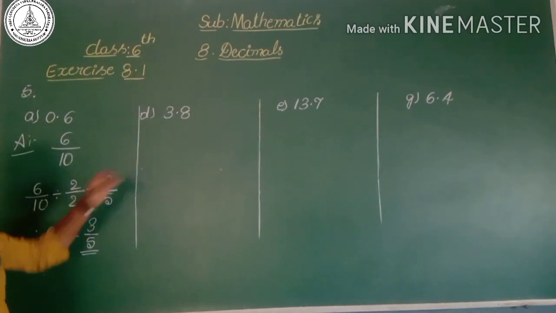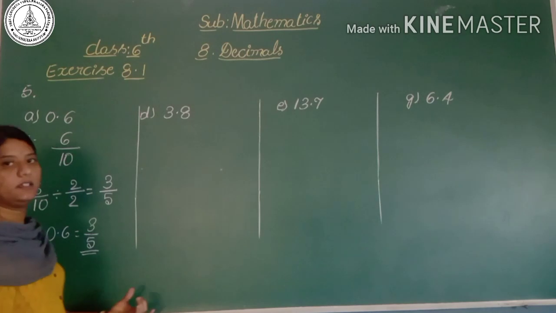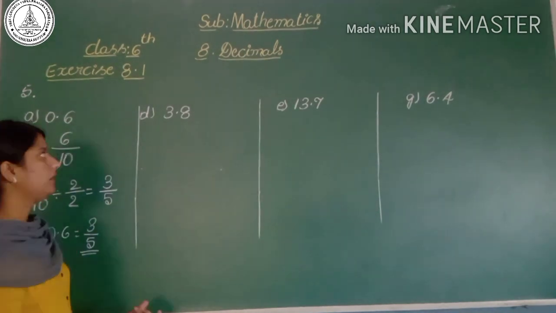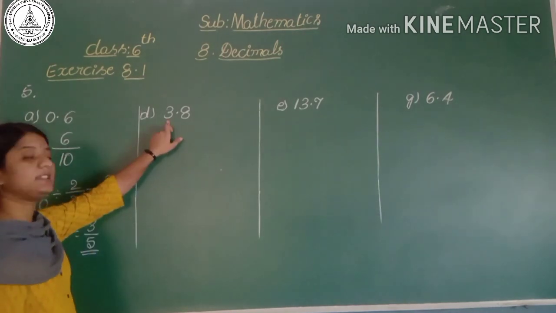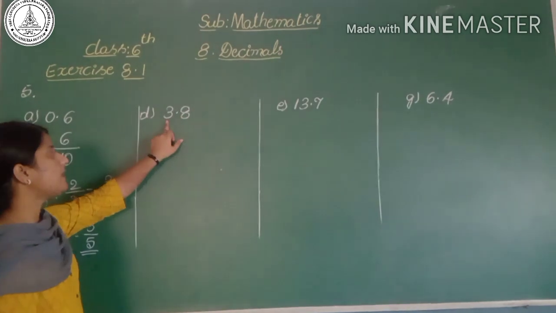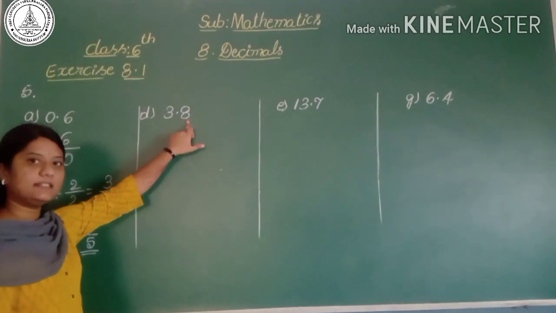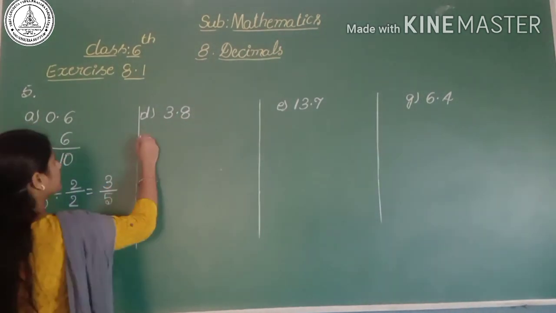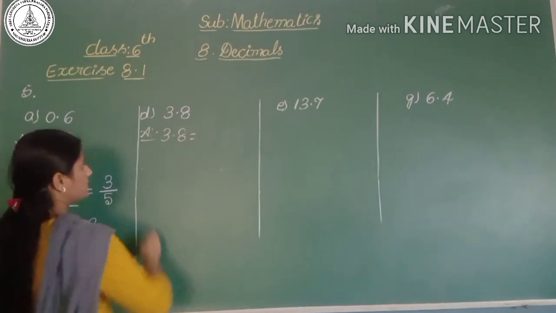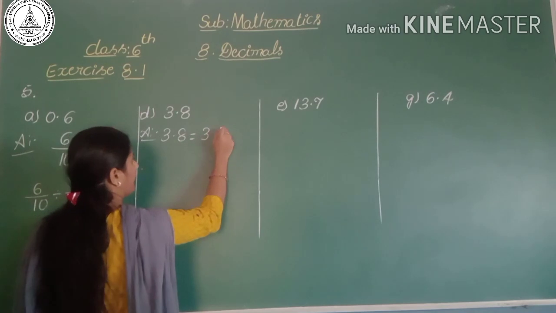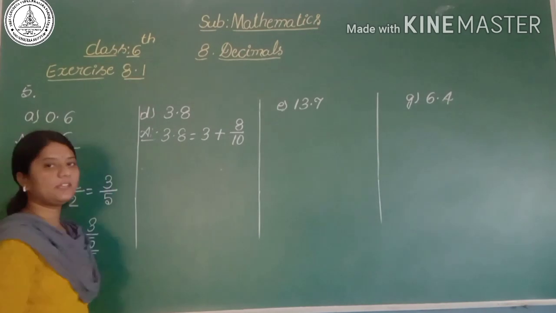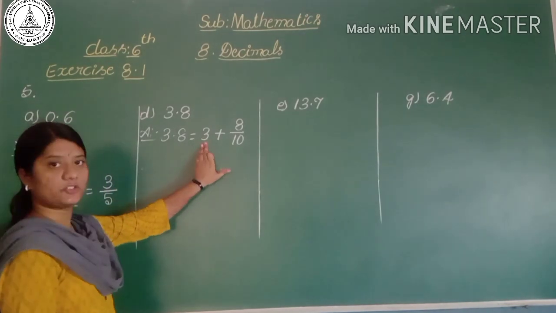Then the next question, 3.8. We have to write it as a fractional number. As you can see here there are 3 ones and 8 tenths. 3 is in the ones place and 8 is in the tenths place. So we can write 3.8 as 3 ones plus 8 tenths. How can we write 3 in fractional form?